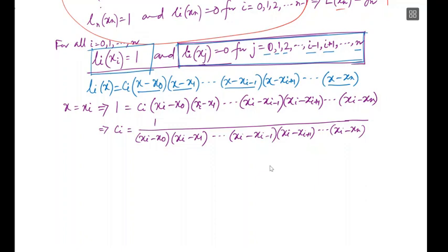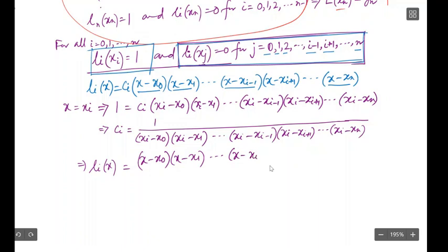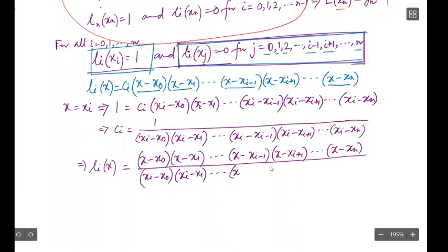Thus, Li(x) is (x minus x0)(x minus x1)(x minus xi minus 1)(x minus xi plus 1)(x minus xn) by (xi minus x0)(xi minus x1)(xi minus xi minus 1)(xi minus xi plus 1)(xi minus xn).